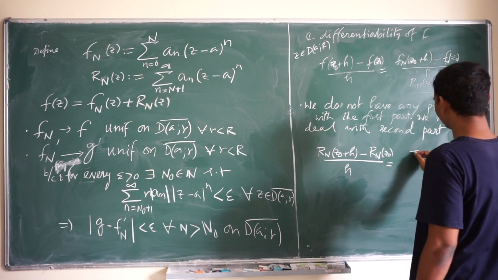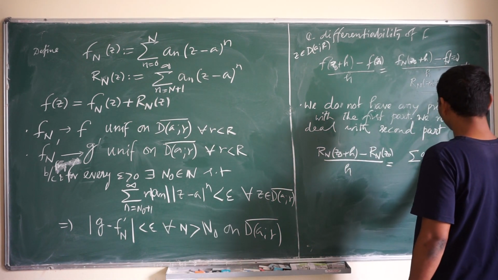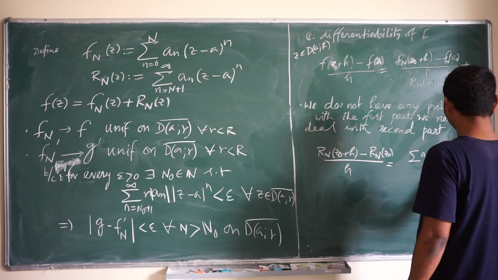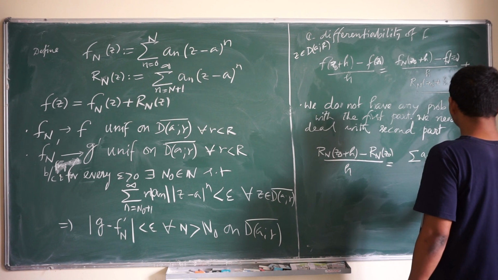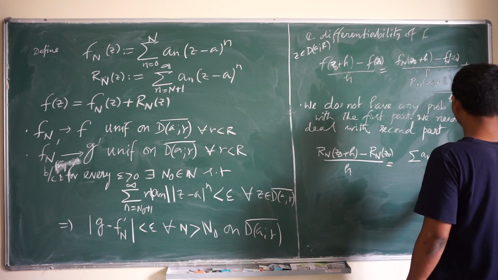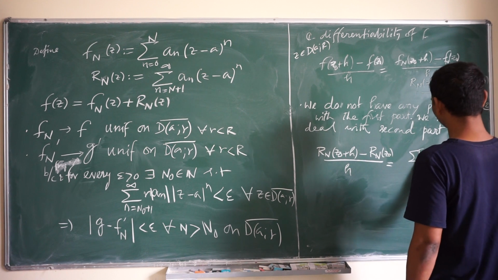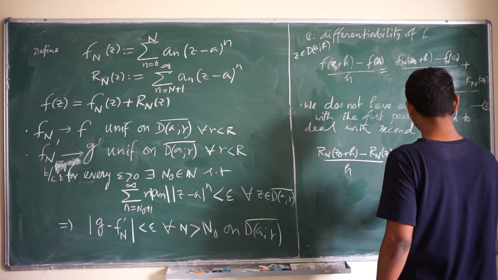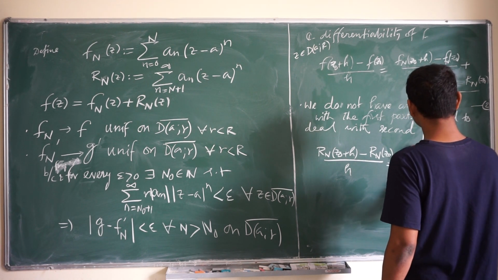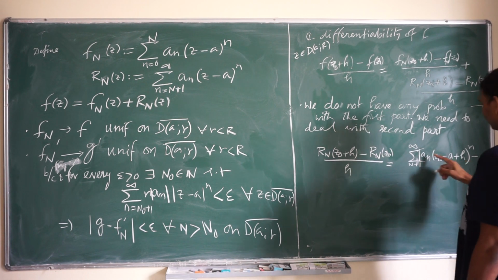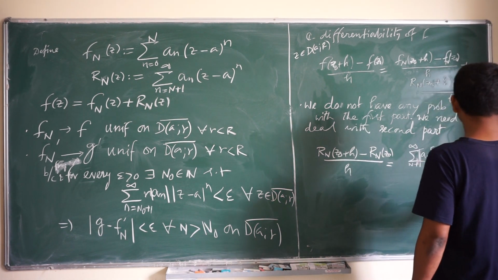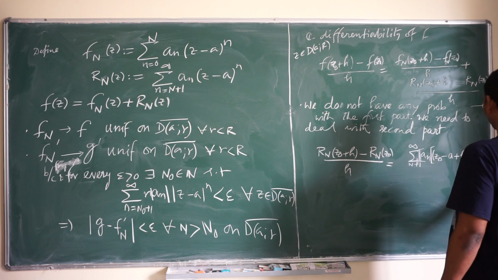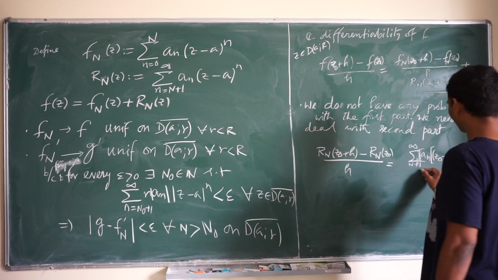So let's look at the summation of an times ((z0 minus a plus h) to the n minus (z0 minus a) to the n), by h. We can take the summation outside, this is n plus 1 to infinity. We can take an outside, so this is (z0 minus a plus h) to the n minus (z0 minus a) to the n, by h.